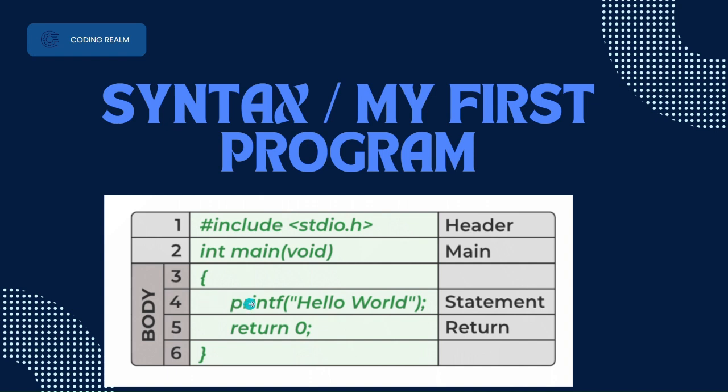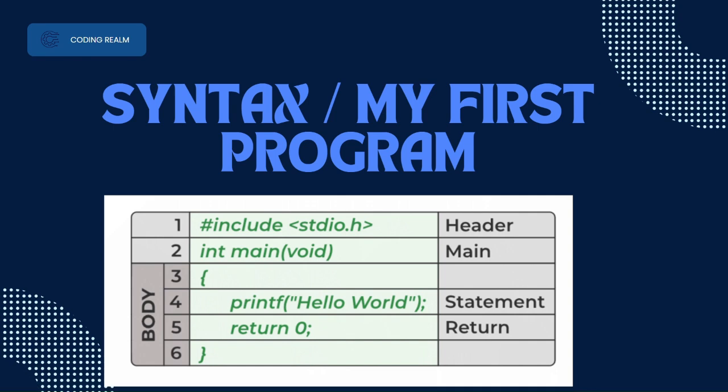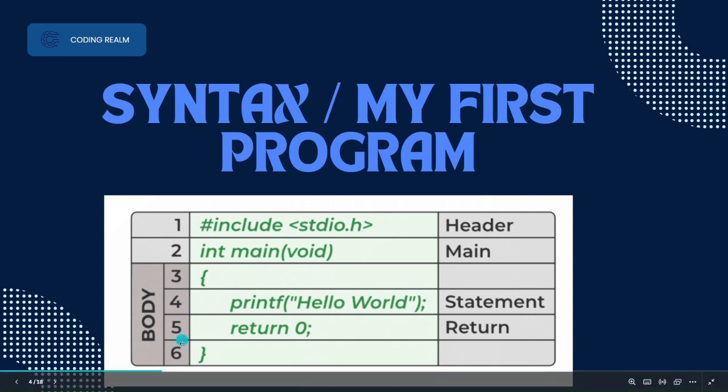In line 4 we have a statement, printf, it's an output, printf hello world. In line 5 we have return 0, and in line 6, it's the end of the body, I close the braces. Lines 3, 4, 5, 6 are the body of the program.